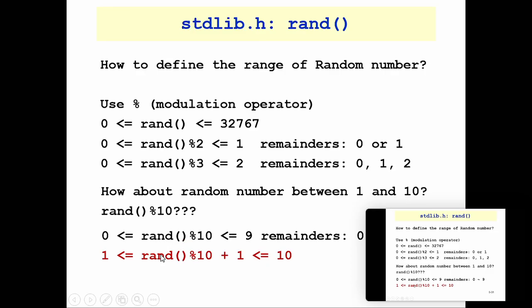If you have % 11, first of all, the possible numbers are from 0 to 10, right? So the number of possible values is totally different. The range.